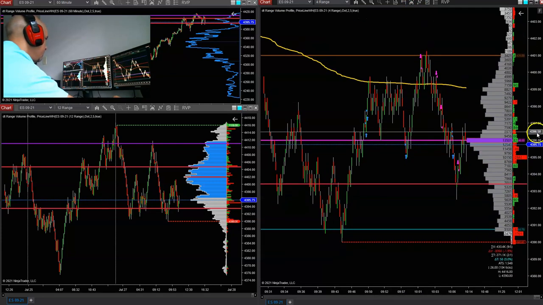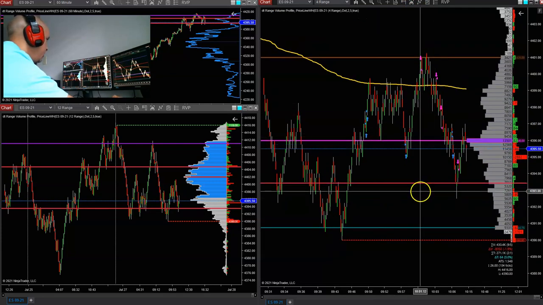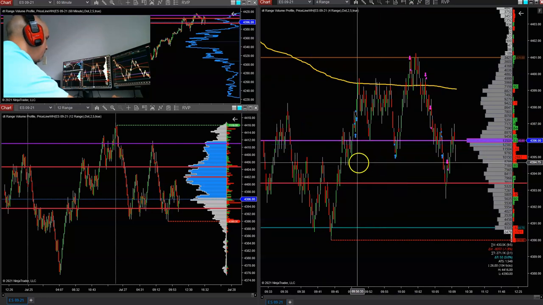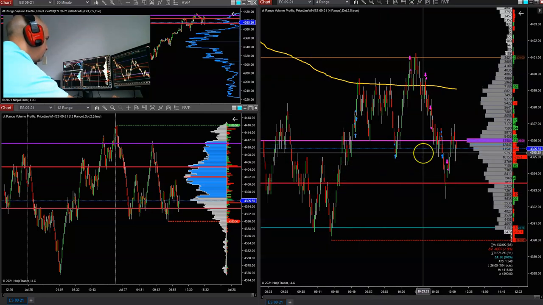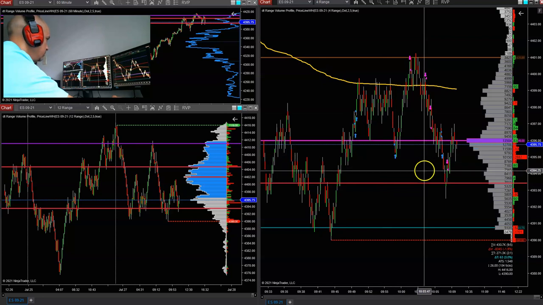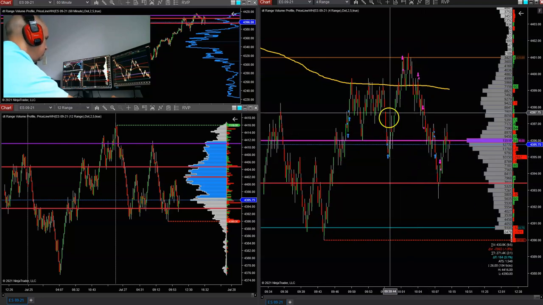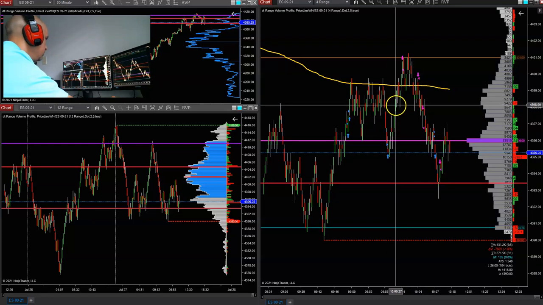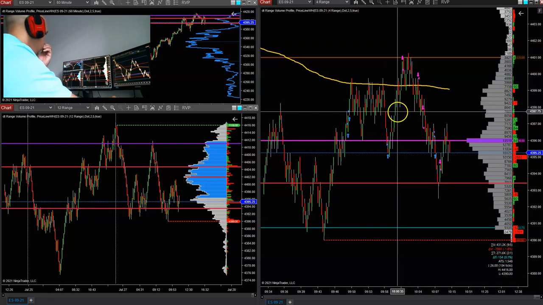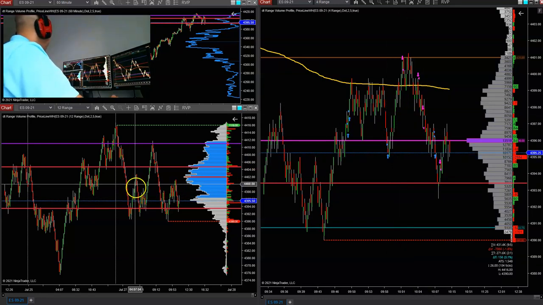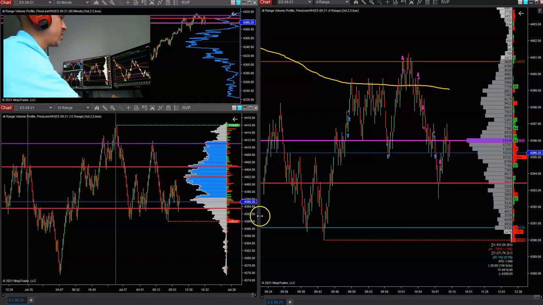Okay. Price is bouncing off over it again. And so price is really just moving sideways right now.